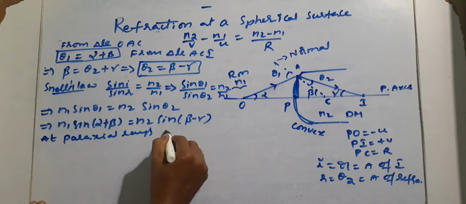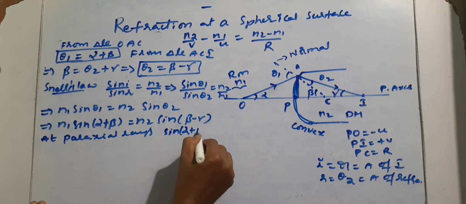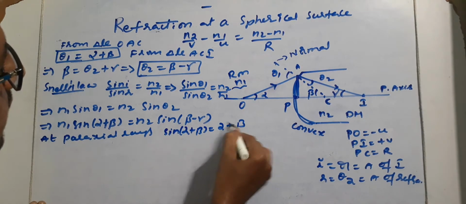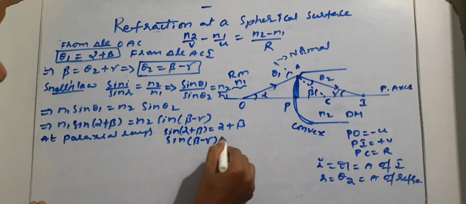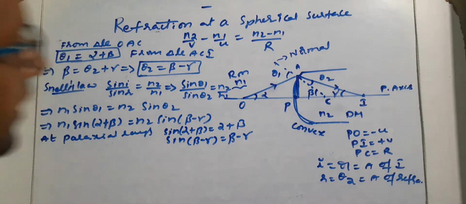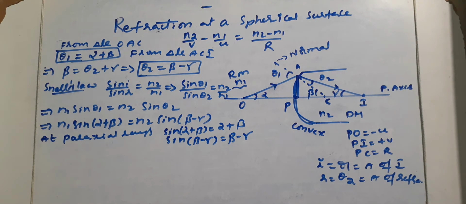So we can take sin of alpha plus beta equal to alpha plus beta, and sin of beta minus gamma equal to beta minus gamma. That is, when the incident ray moves very close to the optic center, the angles alpha, beta and gamma will be small.